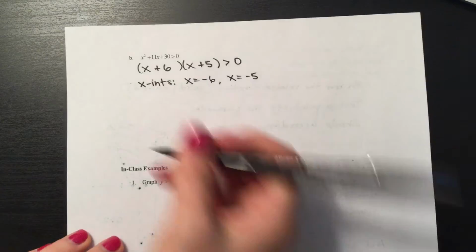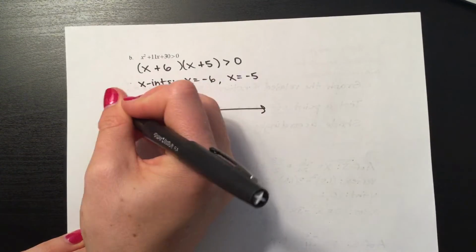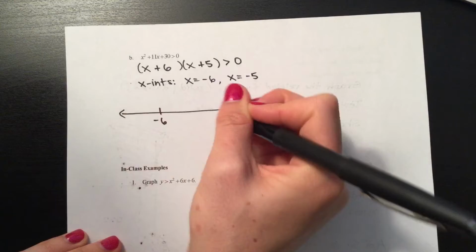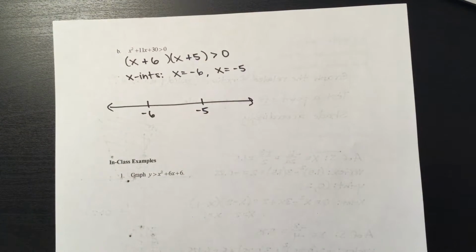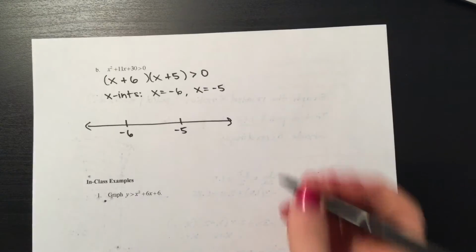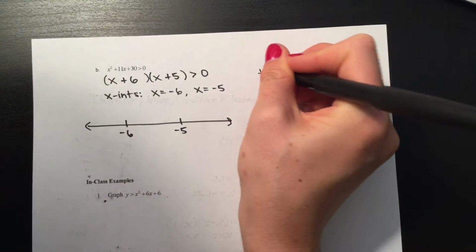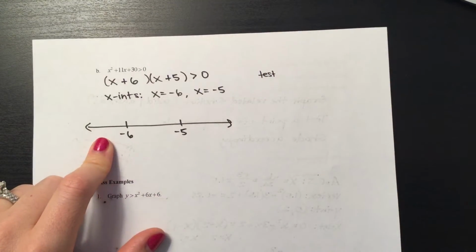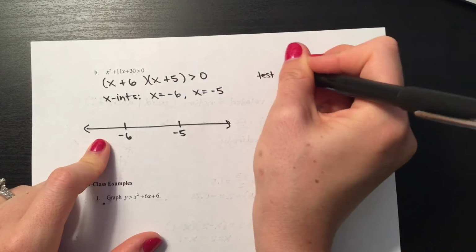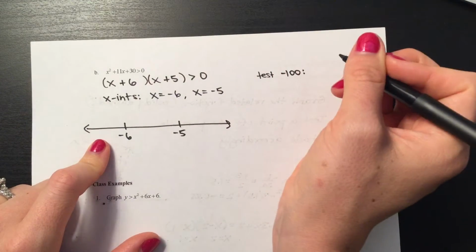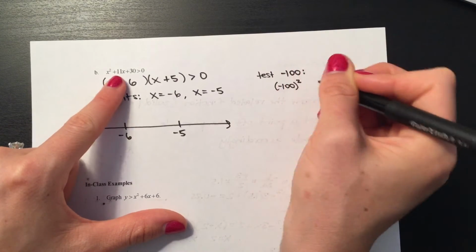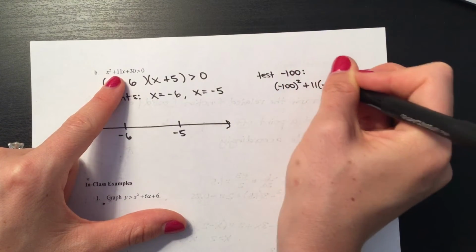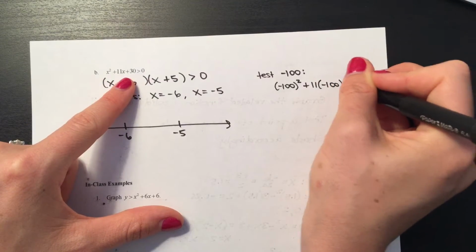Okay, so set up your number line. Make sure that number line is in numerical order. So you would hit -6 before you'd hit -5. And now we're going to do some test values. Test out whatever you want. So anything you want that's less than -6. Let's test -100. Okay, so plug it in. -100 squared plus 11 times -100 and then plus 30.